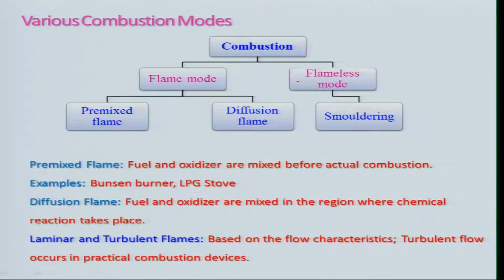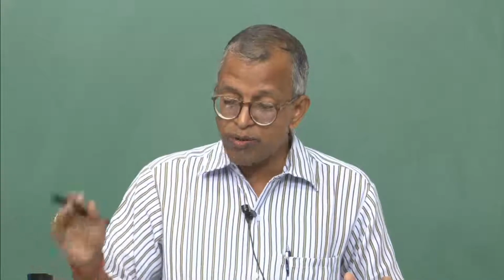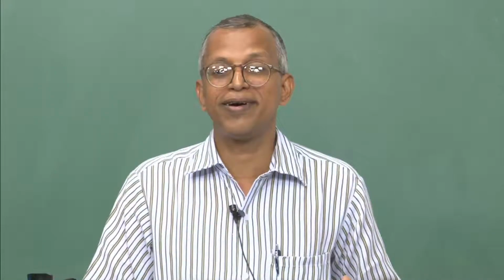So, combustion can be divided into two categories. One is laminar flame, the other is turbulent flame, based on the flow characteristics. And keep in mind, we will be restricting our discussion to laminar flame only, or laminar flame based combustion, although the practical flames are turbulent in nature, right.